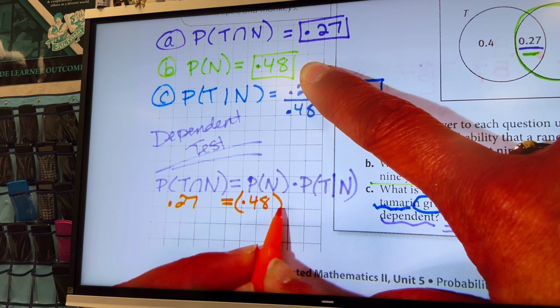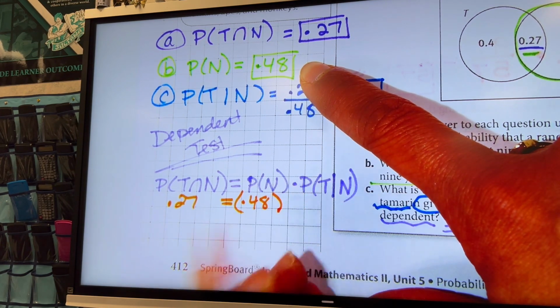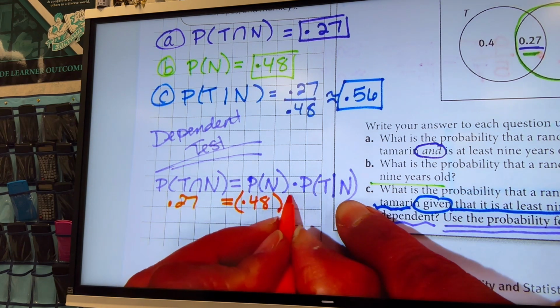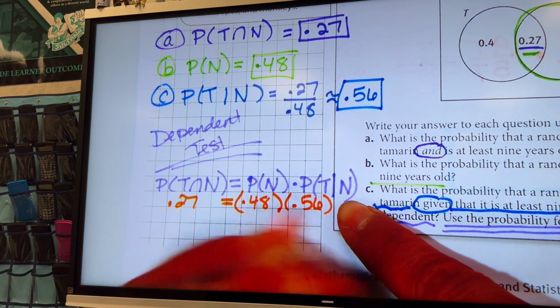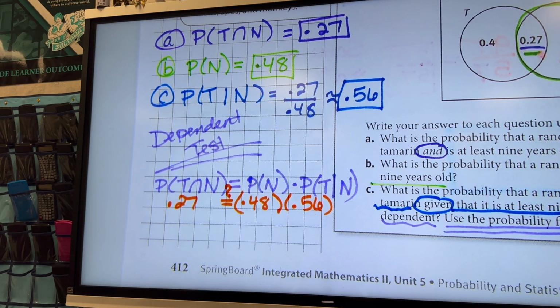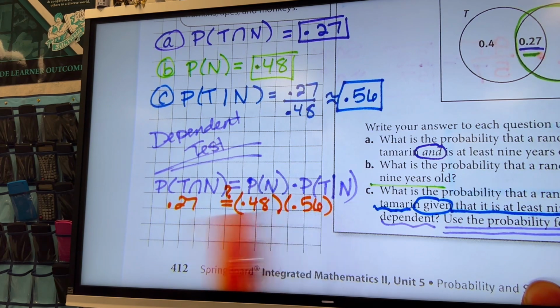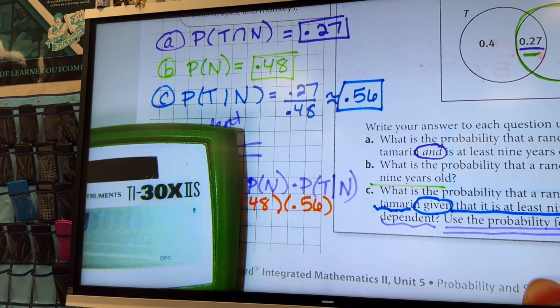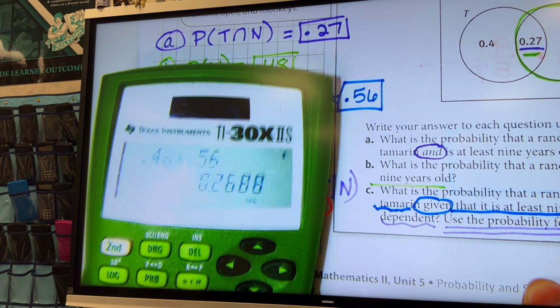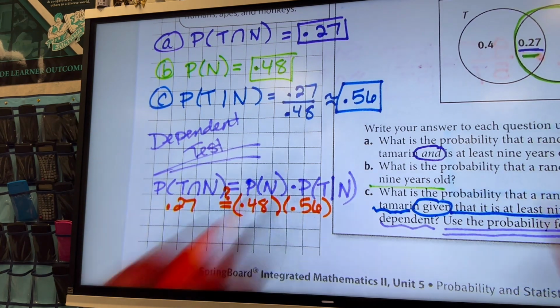We'll put that in parentheses to signify multiplication. Probability of T given N, do we know what that is? 0.56. So I'm going to put a question mark over that equal sign because we're trying to see if this is true. So basically, I need to see if 0.48 times 0.56 is going to be 0.27. Is that going to round to 0.27? Yeah, it does. So it checks out.